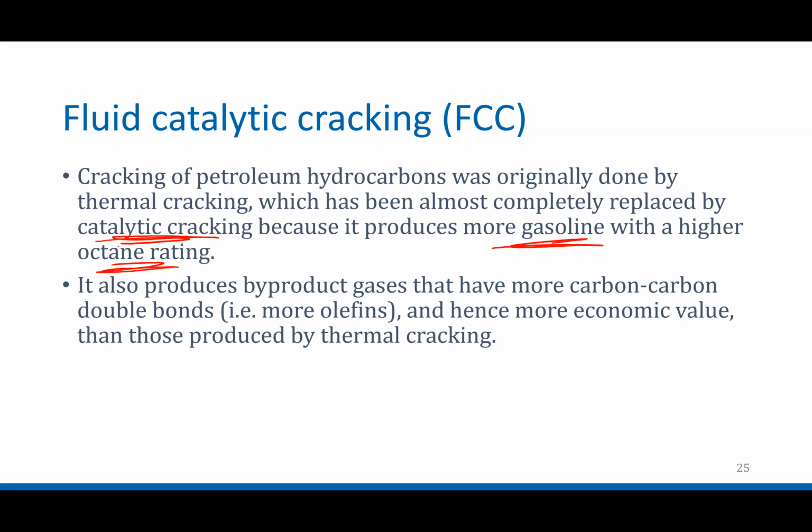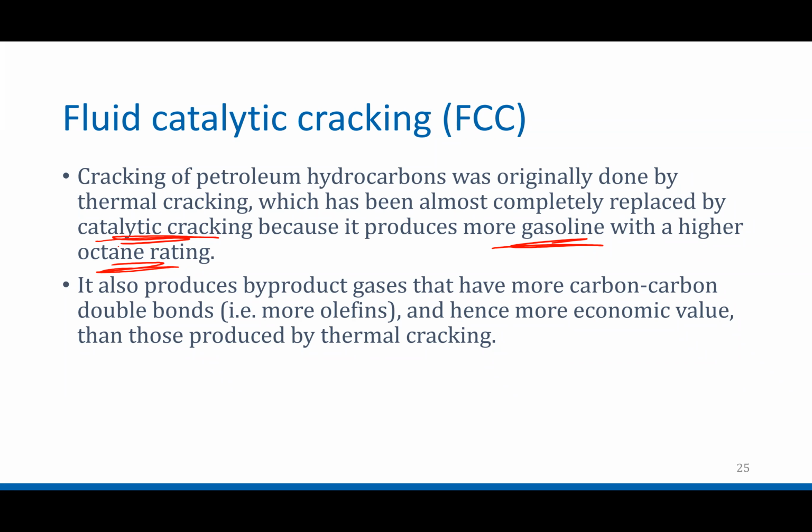So again, think about it. If you work at a restaurant and you make sandwiches, if you can make more sandwiches that are higher quality, you can sell them for more money. So catalytic cracking is preferred over something old like thermal cracking because you can get more gasoline, so more product.